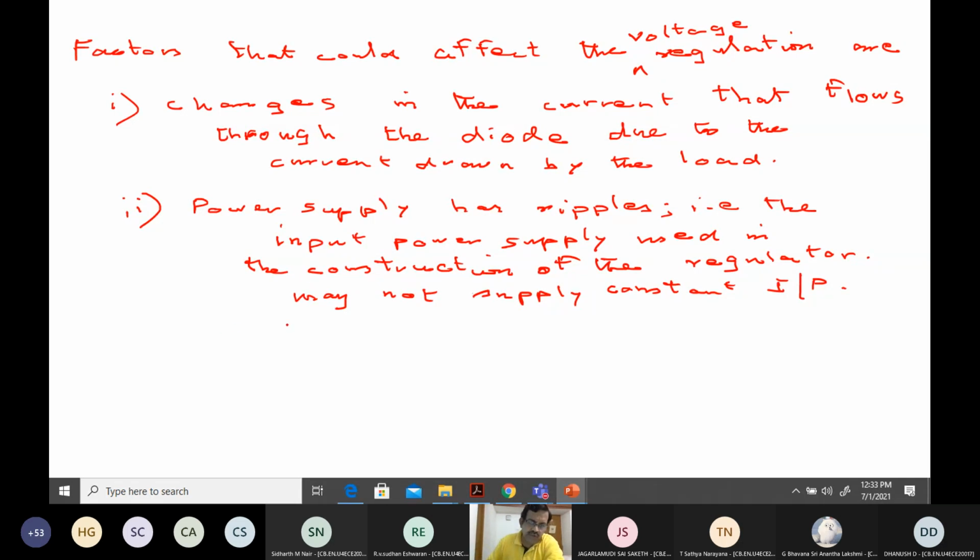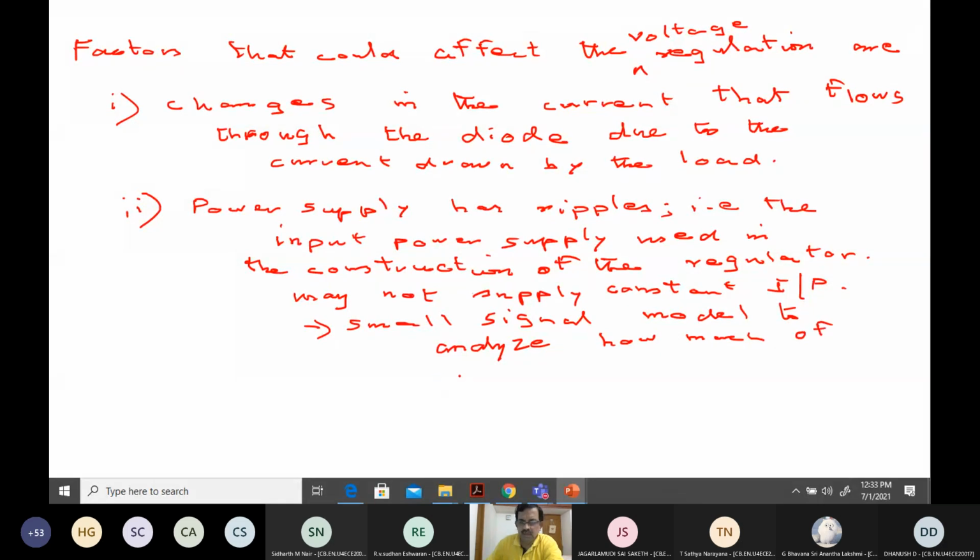So what did we do here? We adopted the small signal model to analyze how much of this variation in the input power supply causes output variation.